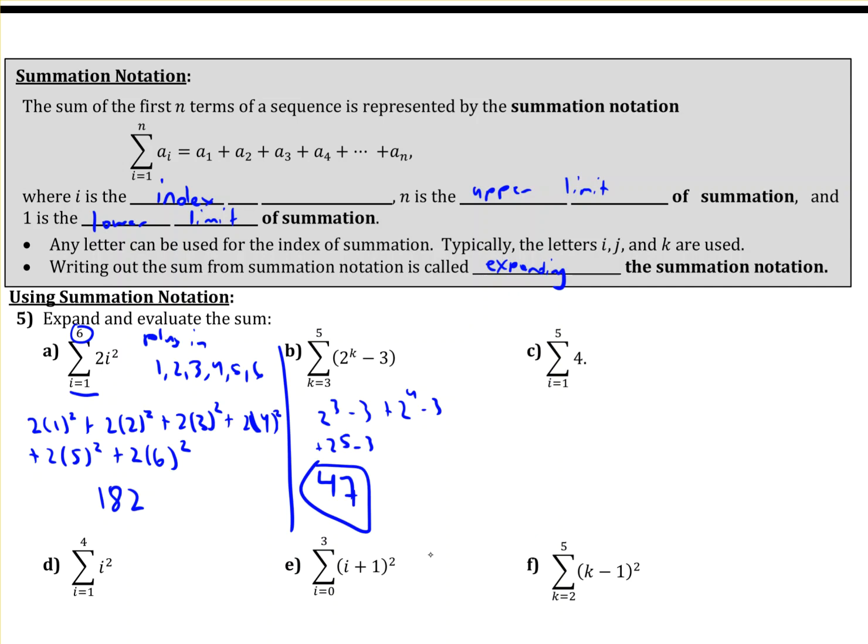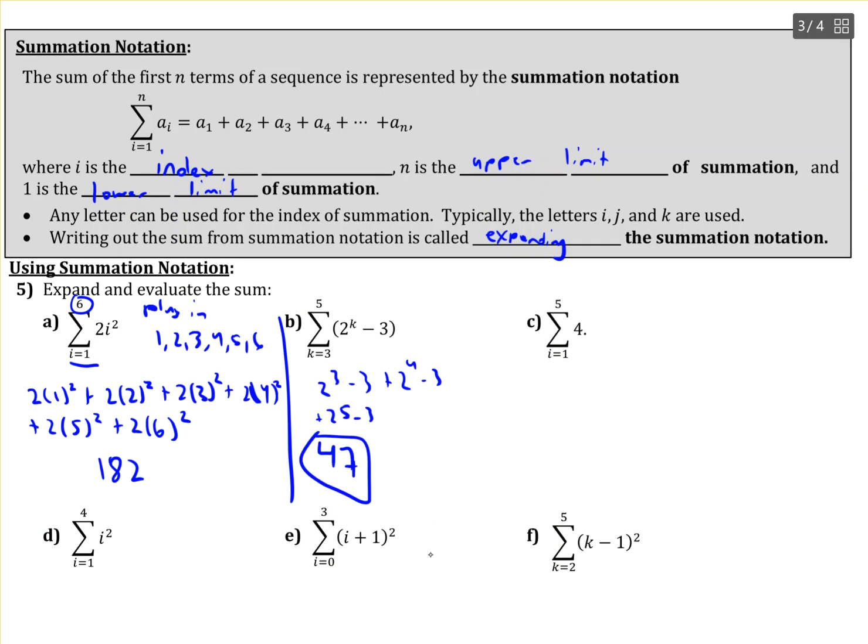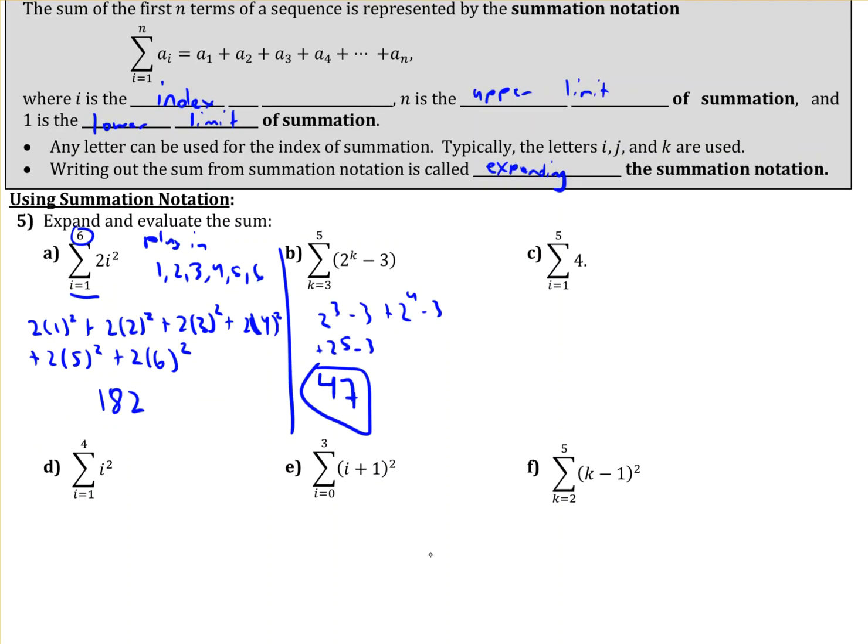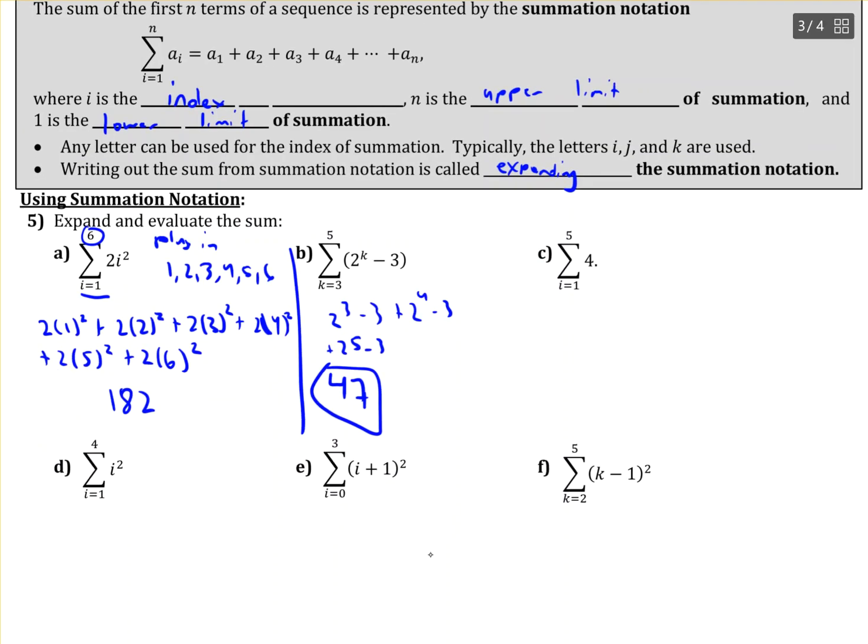Now the C looks a little bit weird. You might think, well, what even is this? Well, when i equals 1, what do I get? Well, I get 4. When i equals 2, I get 4. When i equals 3, I get 4. I just wrote a 3, but I meant 4. i equals 4, I get 4. i equals 5, I get a 4.